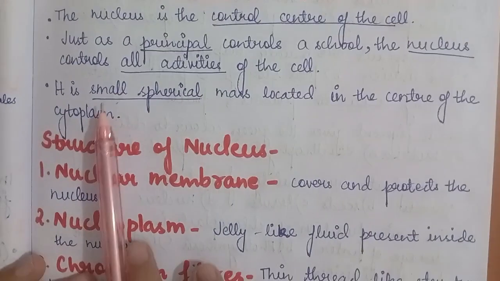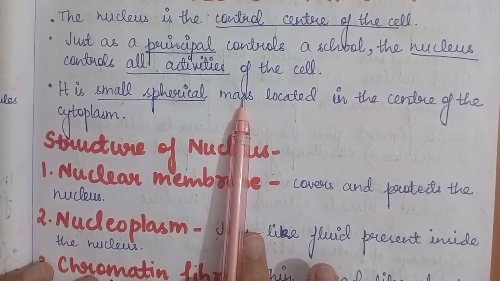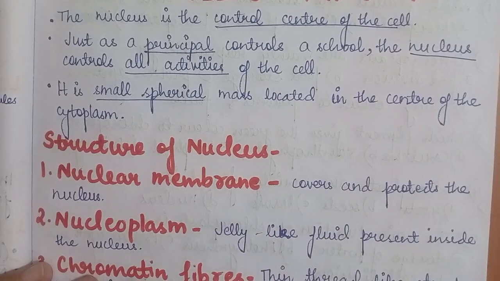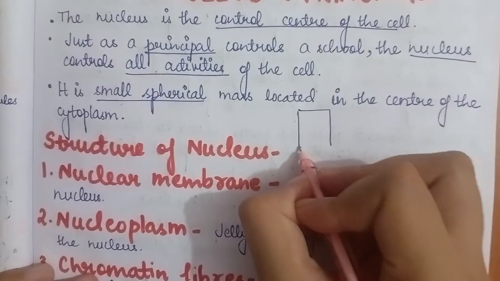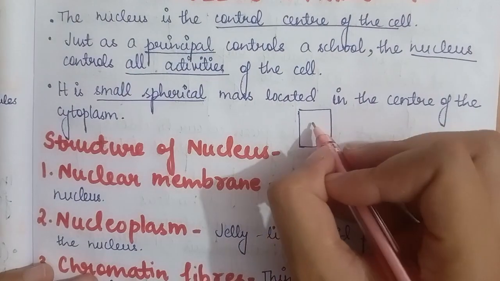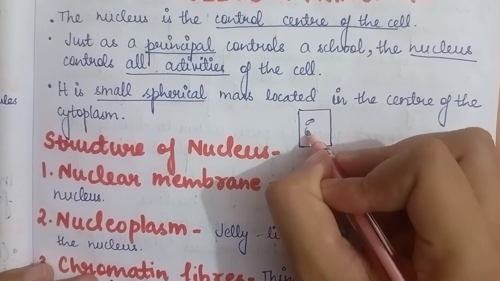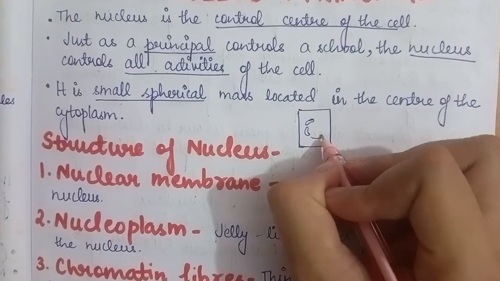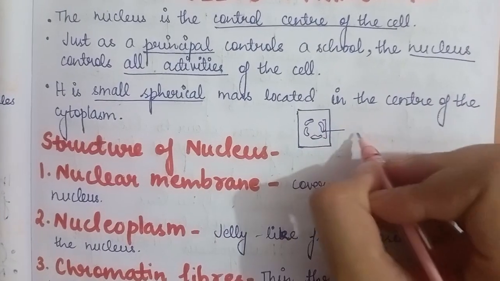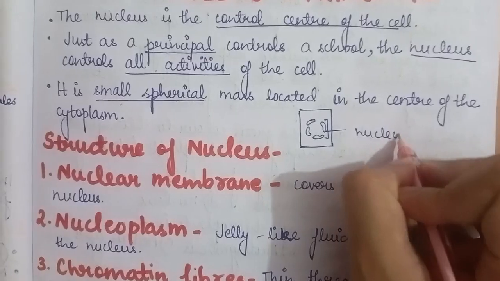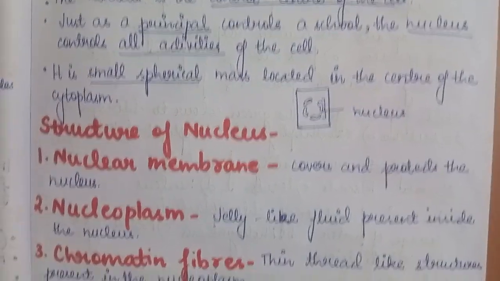It is a small spherical mass located in the center of the cytoplasm. See, this is our cell, and in the center of the cytoplasm our nucleus is located.